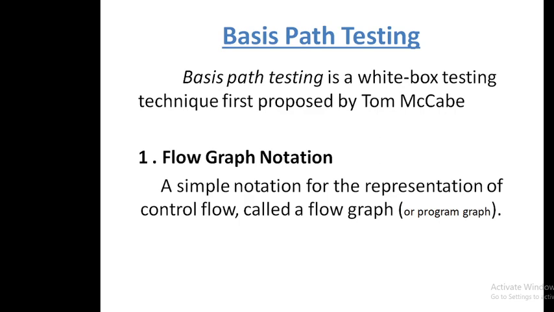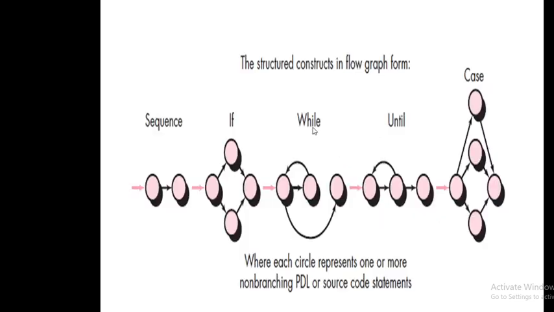Just as we write a program as a flow chart, in the same manner here we convert our program into flow graphs to implement path testing. To convert it, we require some notations, which we call flow graph notations. These are structured constructs in flow graph form.